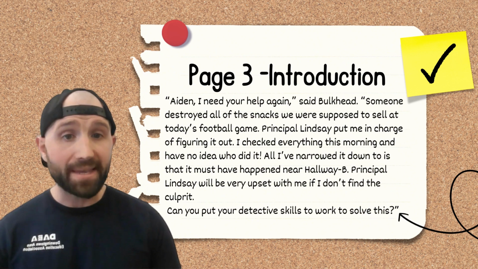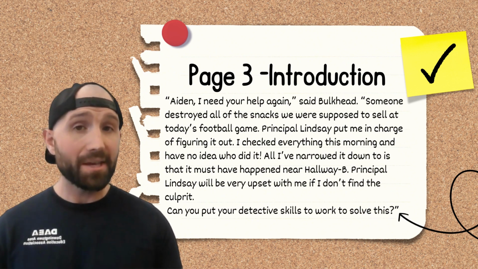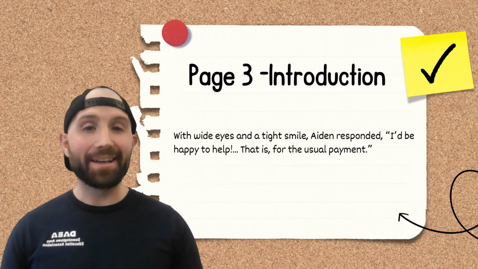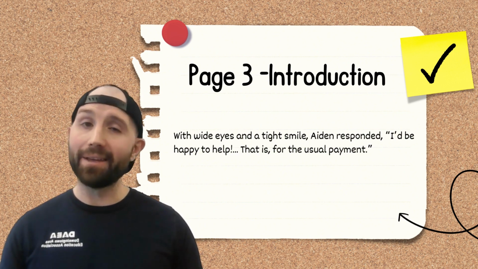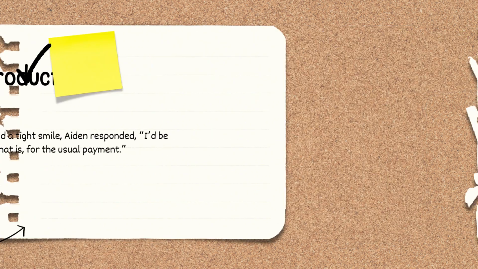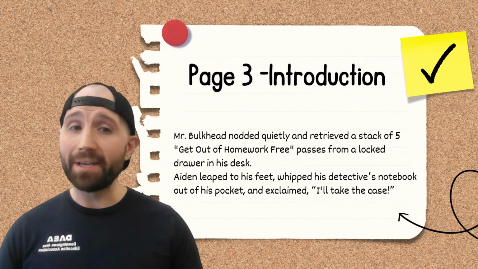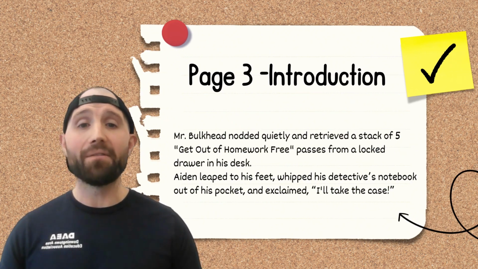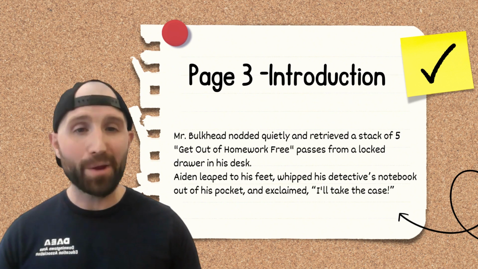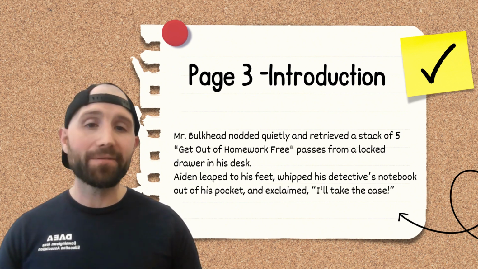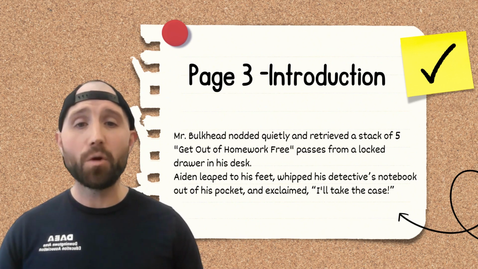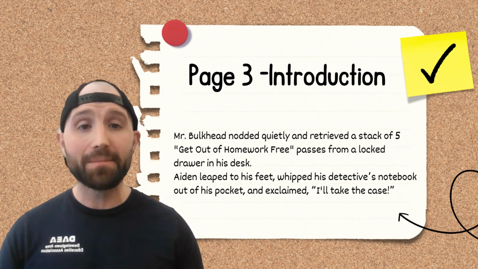Can you put your detective skills to work to try to solve this?" With wide eyes and a tight smile, Aiden responded, "I'd be happy to help. That is, for the usual payment." Mr. Bulkhead nodded quietly and retrieved a stack of 5 get out of homework free passes from a locked drawer in his desk. Aiden leaped to his feet, whipped his detective's notebook out of his pocket, and exclaimed, "I'll take the case."